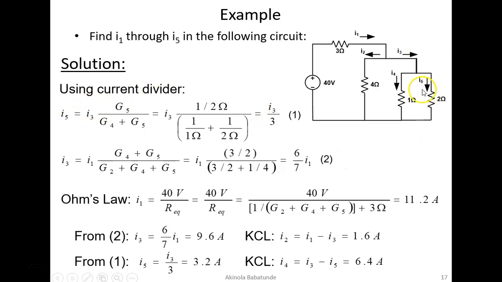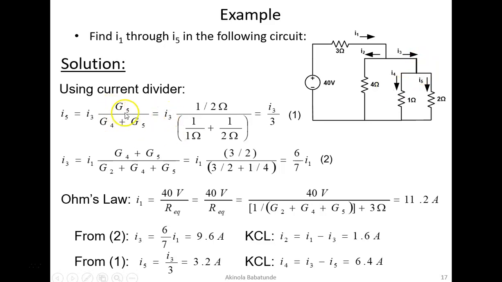So I5 will be equal to G5 divided by the parallel equivalent conductance in the circuit. The equivalent conductance will be the addition of all the conductances in the circuit. So that becomes G5 divided by G4 plus G5 multiplied by the source current, which is I3.